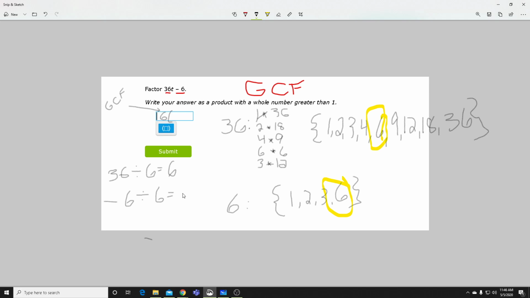Negative 6 divided by 6 is negative 1. We did 36t, so maybe it's better to write that t in there so we don't forget it. 36t divided by 6 would be 6t, and then we have negative 1. So you'd have 6 times 6t minus 1 in parentheses.